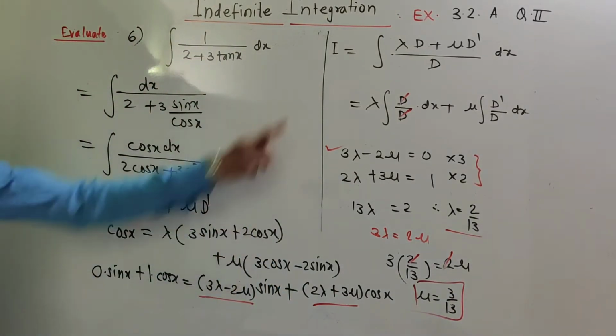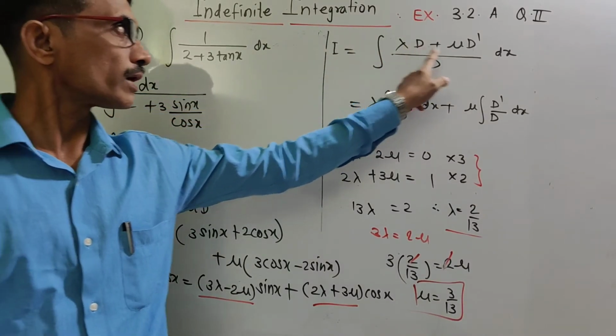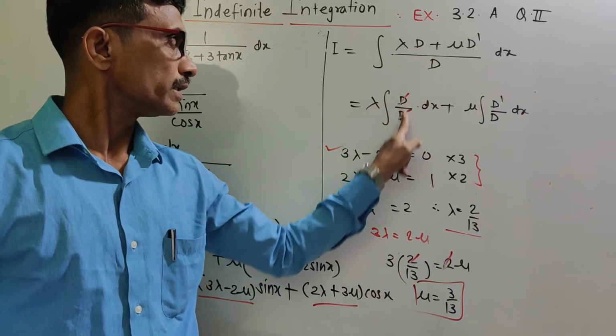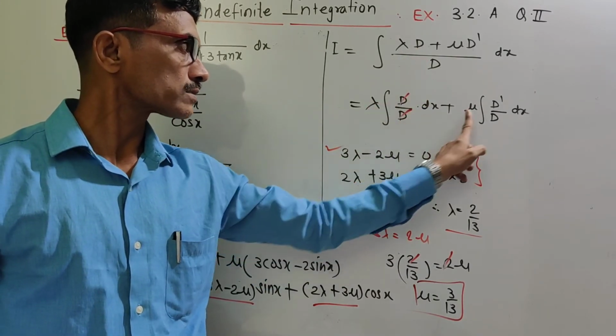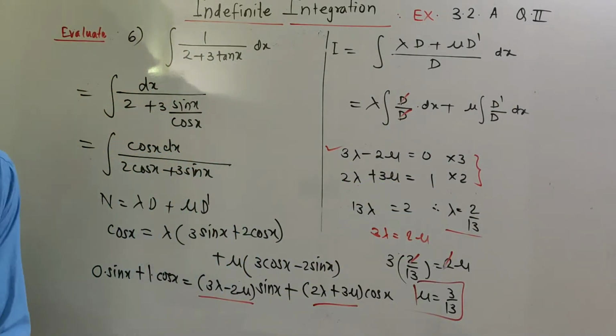So we substitute here I is equal to numerator upon denominator, that is lambda d plus mu d dash upon d. Separate it, lambda d will get cancelled, it is lambda into 1 dx plus mu d dash upon d. So now we have to substitute lambda and mu.